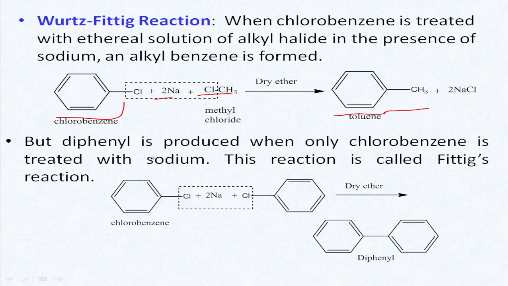A diphenyl is produced when chlorobenzene is treated with sodium. This is called the Fittig reaction. Two molecules of chlorobenzene react with two atoms of sodium metal to form a diphenyl molecule.